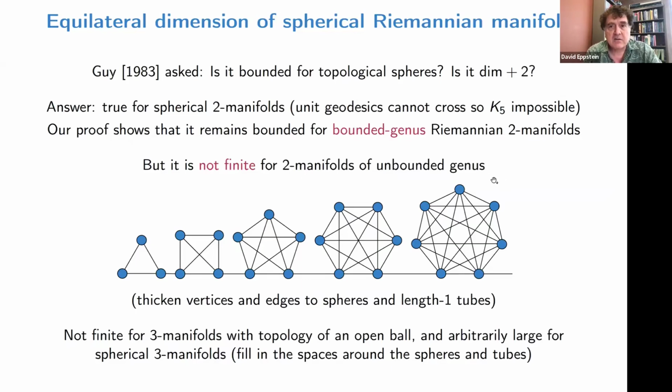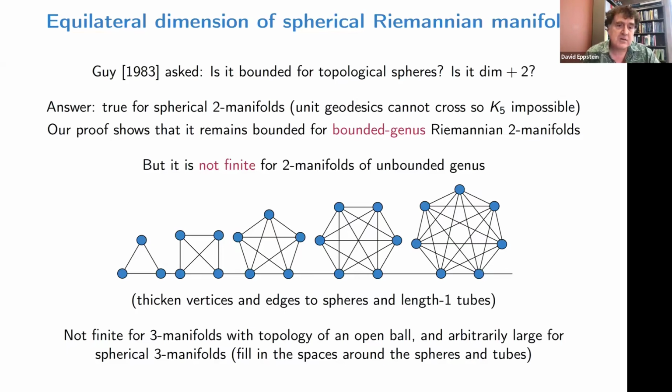Now, if you look at Riemannian manifolds of unbounded genus, we can form Riemannian manifolds that have unbounded equilateral dimension, essentially by taking this graph of K3 joined to K4, joined to K5, joined to K6, joined to K7, etc., and thickening all of those vertices and edges into little spherical surfaces connected by thin tubes.